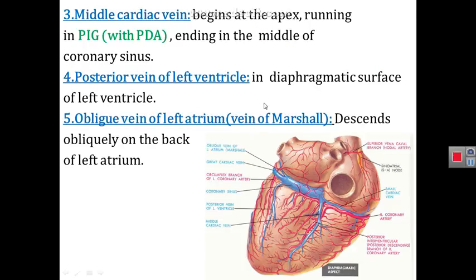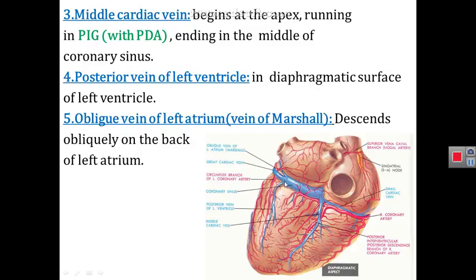And the third tributary, in addition to the great and the small cardiac vein, is the middle cardiac vein that is seen in the posterior interventricular sulcus together with the posterior interventricular artery branch of the right coronary artery, ending about the middle of the coronary sinus. In addition to these three major tributaries, we have a small tributary which is called the posterior vein of the left ventricle, which is this one.